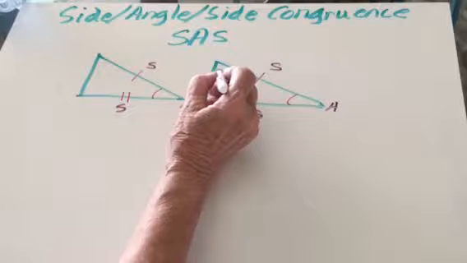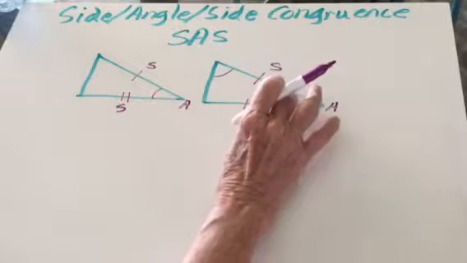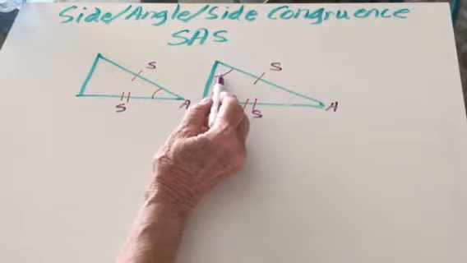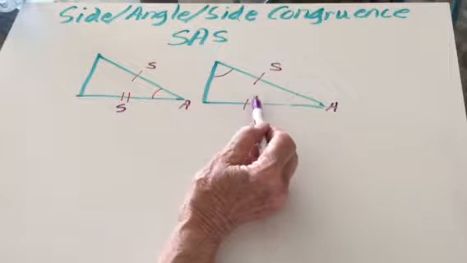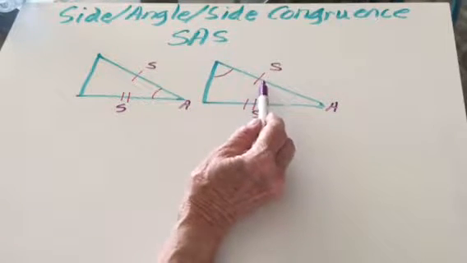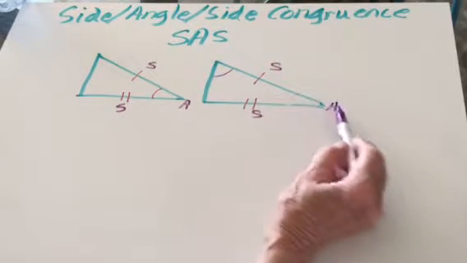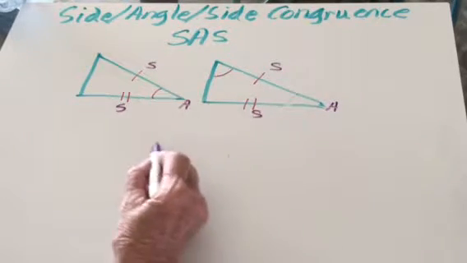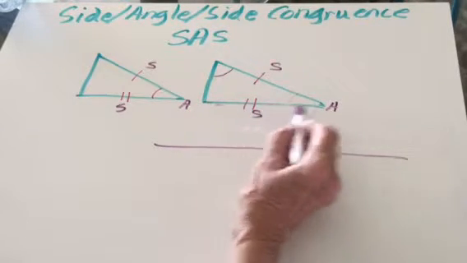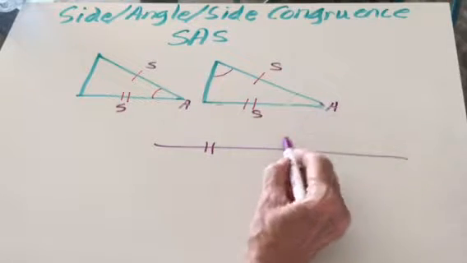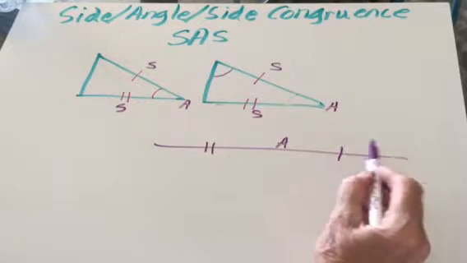But I'm going to tell you something. If the angle had been up here instead, we wouldn't be able to do it because the angle is not included. If I could open this guy and then pull this guy down, look, here's this side with two tick marks, here's the angle right in the middle, and then here's this other side with one tick mark.